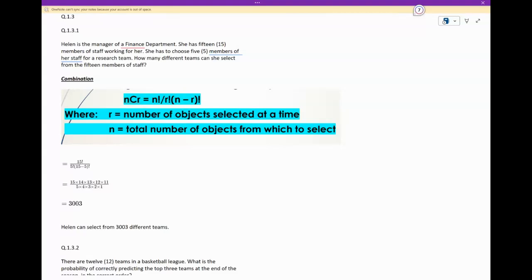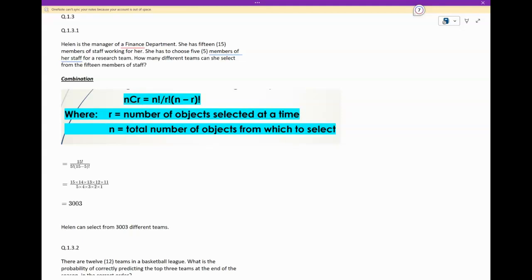She has 15 members of staff working for her. She has to choose 5 members of her staff for a research team. How many different teams can she select from the 15 members of staff?